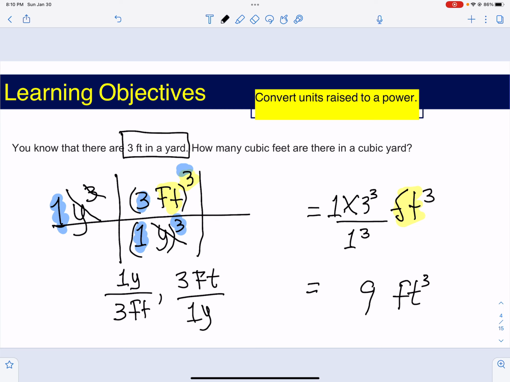So 1 cubic yard is going to be the same as 27 cubic feet.